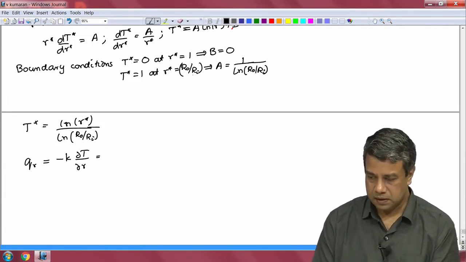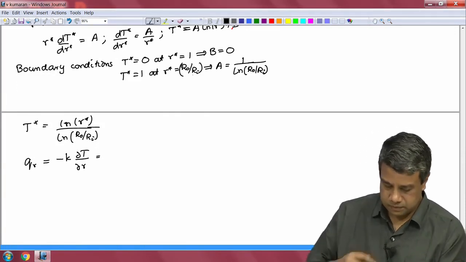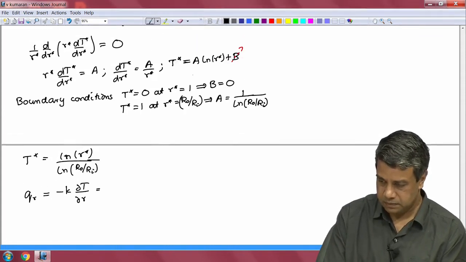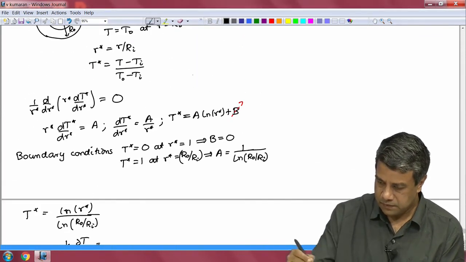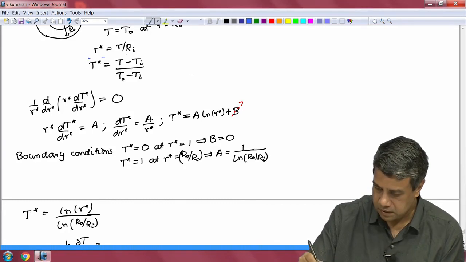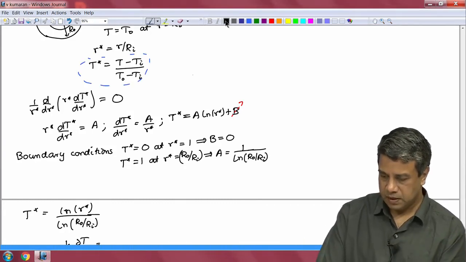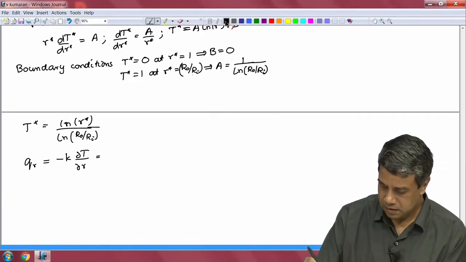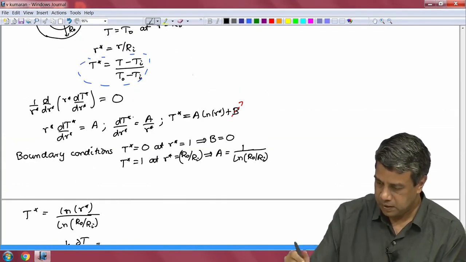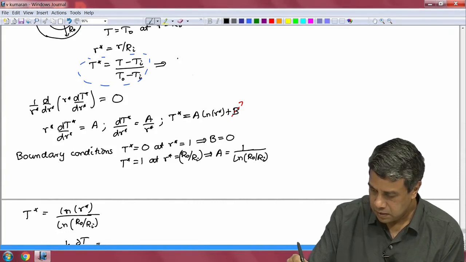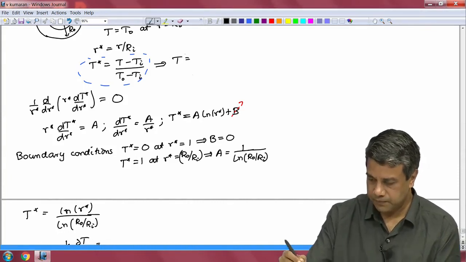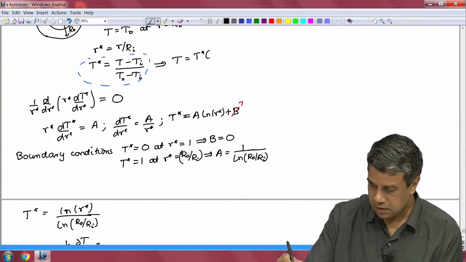From this equation, I can write that T is equal to T star into (To minus Ti) plus Ti.